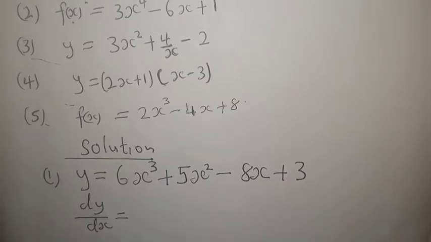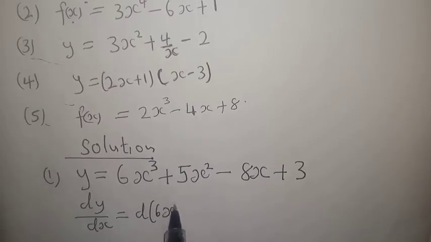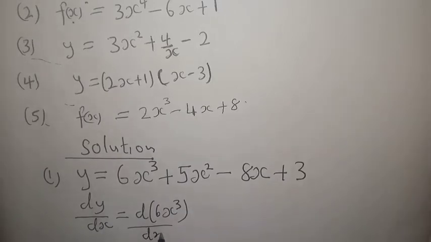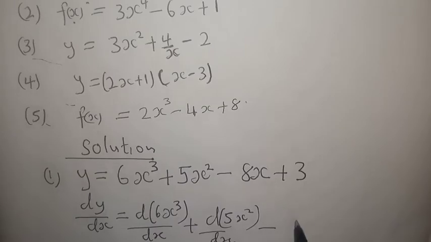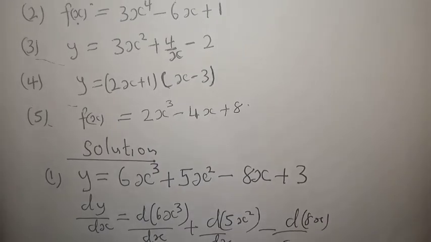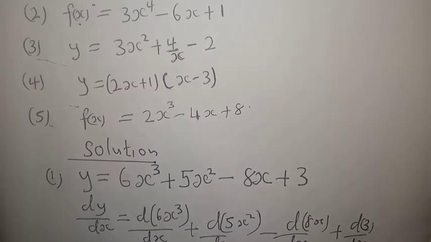Before you can do that, we're going to use a method called times and take. That is, we have the derivative of 6x raised to power 3 over dx plus d of 5x squared over dx minus the derivative of 8x over dx plus d of 3 over dx.